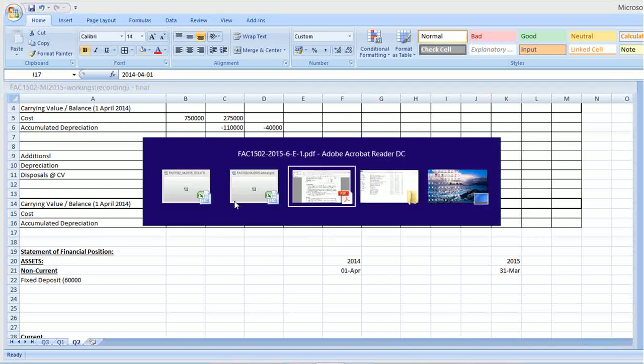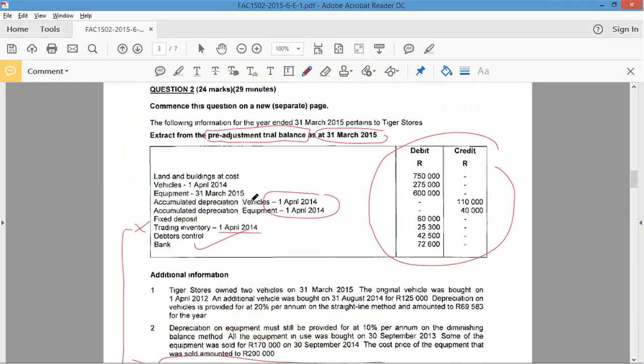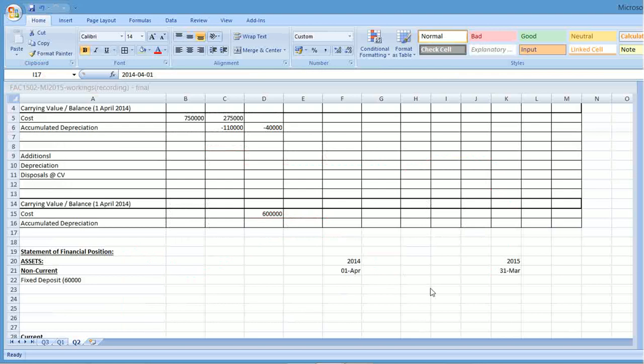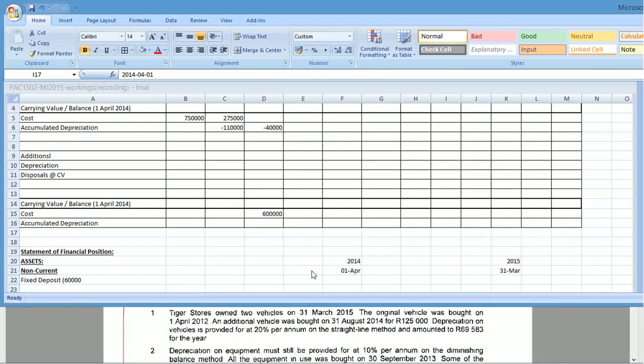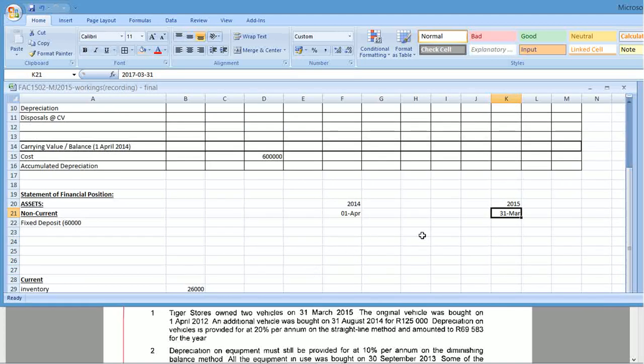Okay, then they said in the question, Tiger Stores owned 2 vehicles on 31st March. The original vehicle was bought on the 1st of April 2012. That was the original vehicle. We bought one vehicle there.